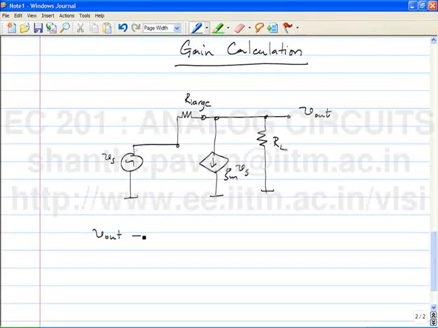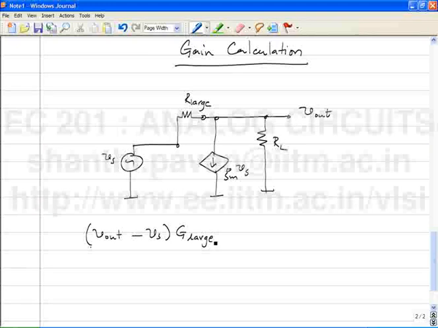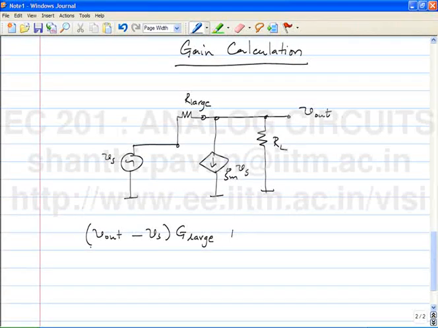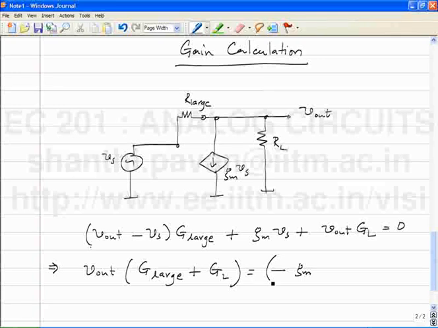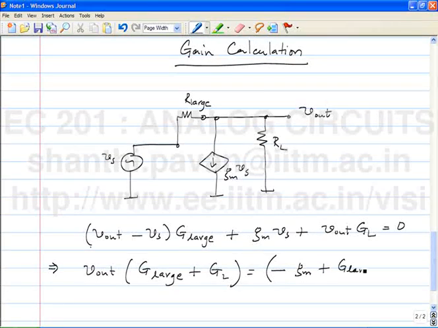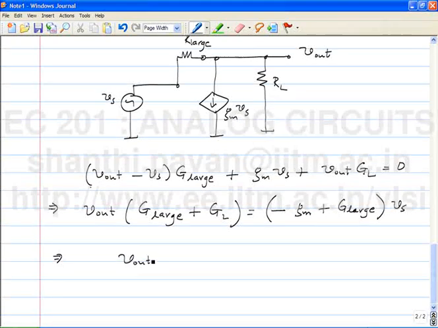So (Vout minus Vs) times G large, where G large is the conductance of R large, that's the current flowing through R large, plus GM times Vs plus Vout times GL must be equal to 0, which means Vout times (G large plus GL) must be equal to minus (GM plus G large) times Vs.